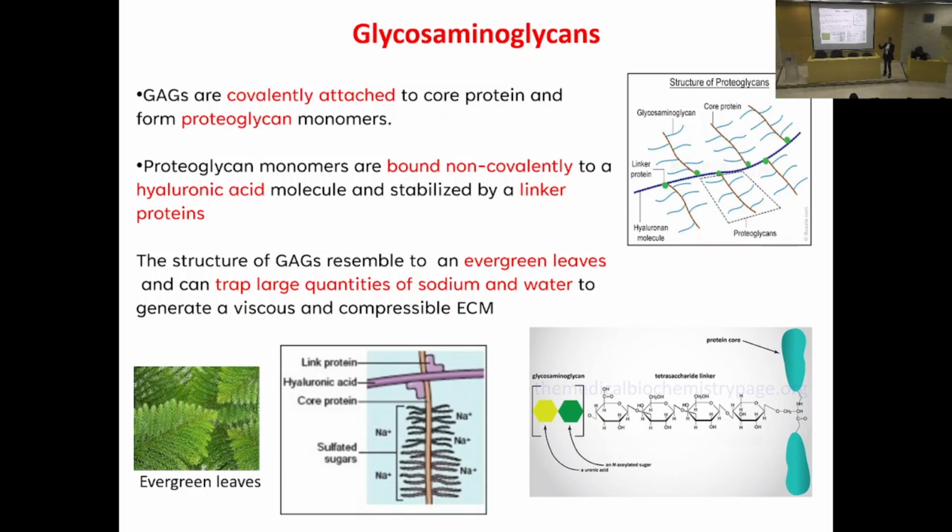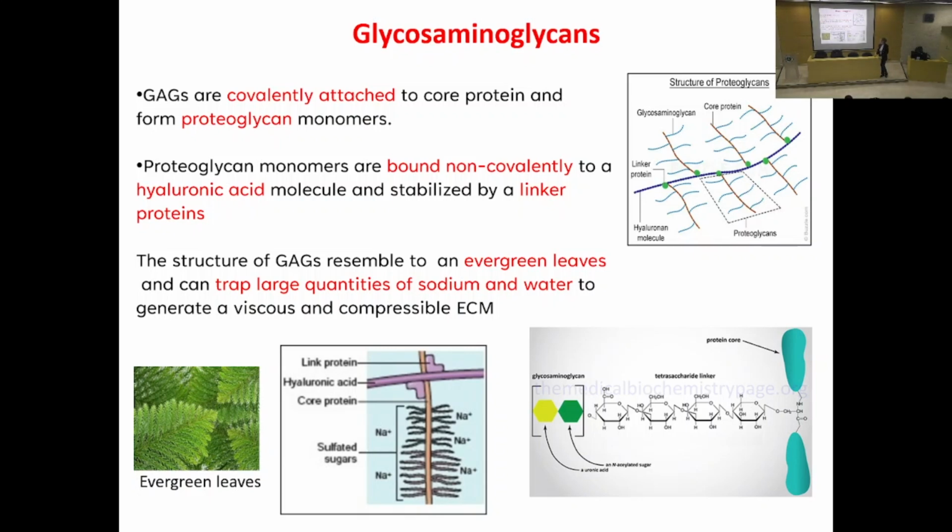So I have proteoglycan and I have my hyaluronic acids, and they will attach to my hyaluronic acids. And to stabilize this binding, I have what I call a linker protein. So here the linker protein, and it will stabilize the binding between the proteoglycan and the hyaluronic acid molecules. Okay? Clear? Okay.